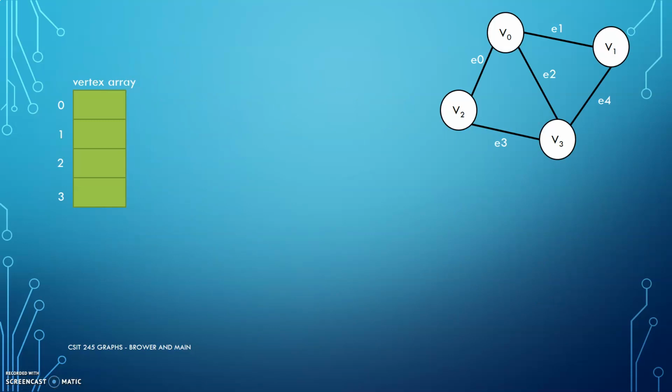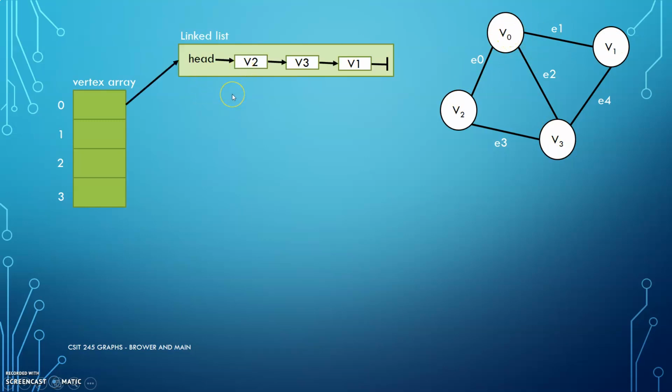So to show more logically how this would look, imagine for vertex 0, which is this one here, we want to indicate that 2, 3, and 1 are adjacent. So we actually can have a linked list, and it is a linked list of vertices. From here, these are the vertices that are adjacent to vertex 0.